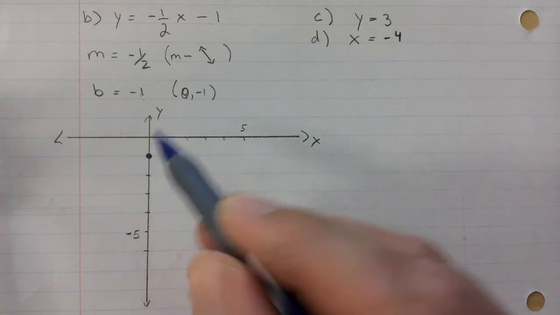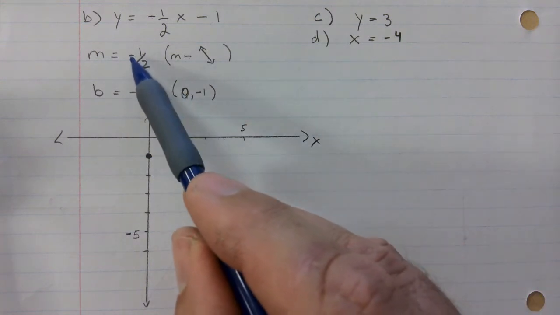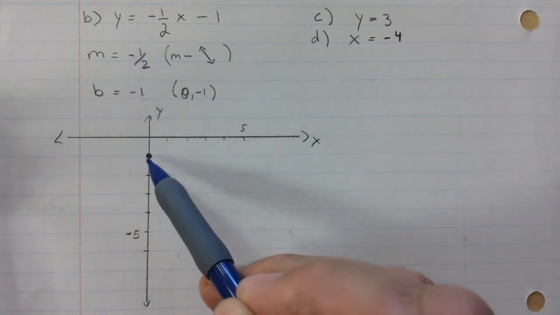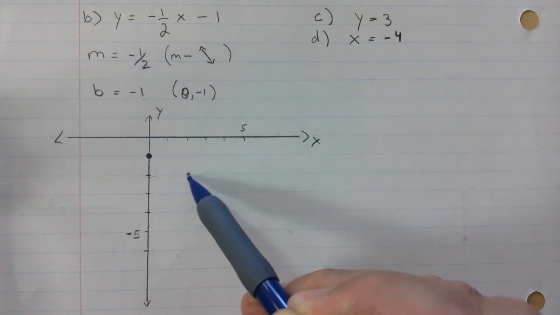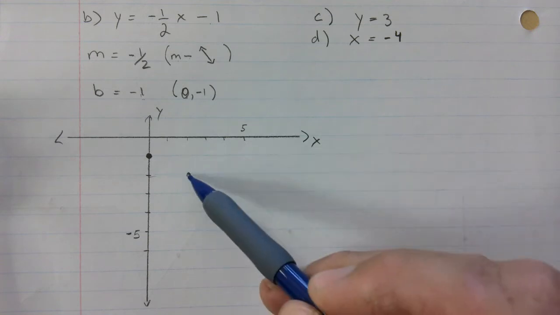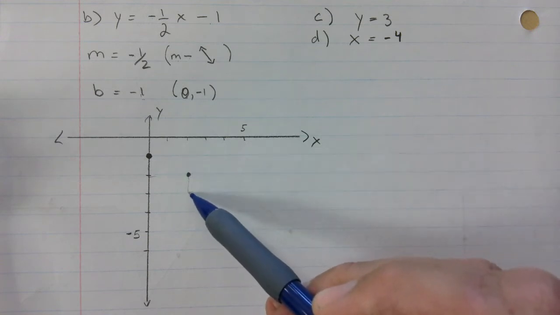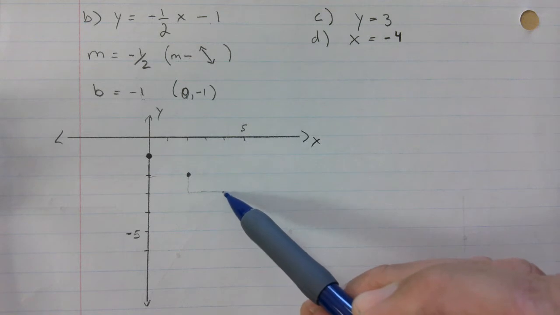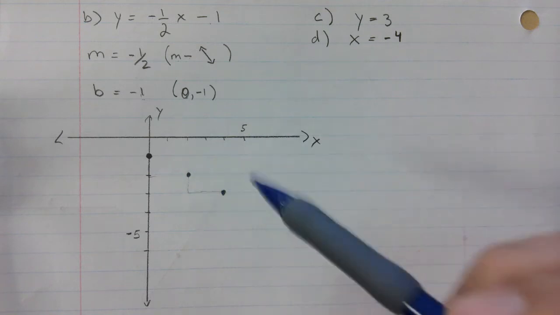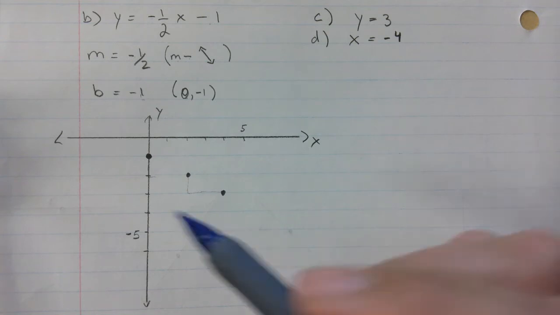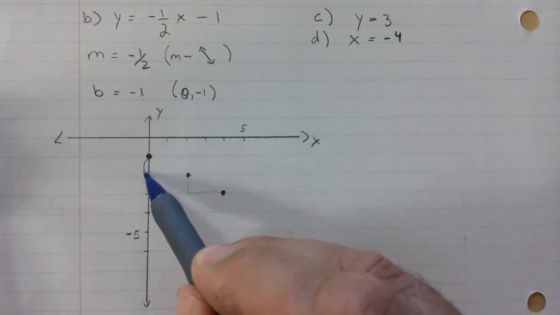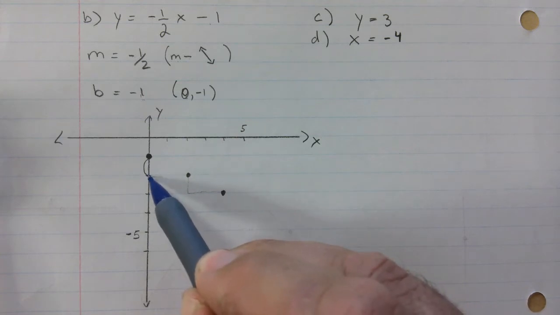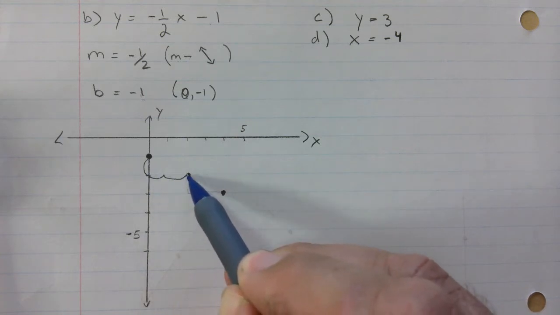That's my starting point. And then I'm using my slope of -1 over 2. Keep going. You're dropping 1 unit for every 2 that you're running to the right. Okay, so if you want to have this, I'm not going to expect you to do this, but you go 1 down, and then it's 1, 2 over.